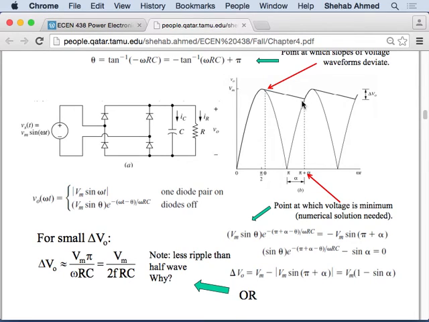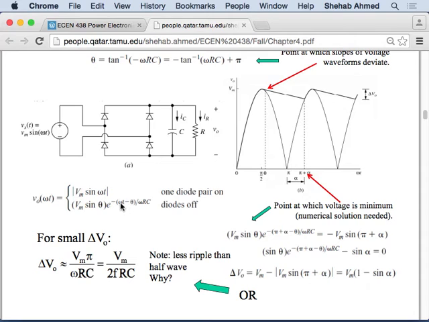So what they do is they equate these two equations. They equate the A e to the minus t over tau at a point omega t equal to pi plus alpha. So they replaced omega t with pi plus alpha. At this point, the exponential is equal to my sine wave.